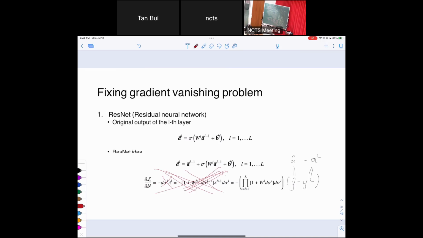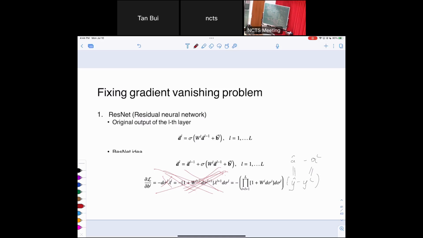We no longer have the problem of 0.25 to the power L. The only thing that we have is 0.25 times these, and on these W it is about 1. Everybody see that? If the W are approximately 1, then this is at most 0.25, right?